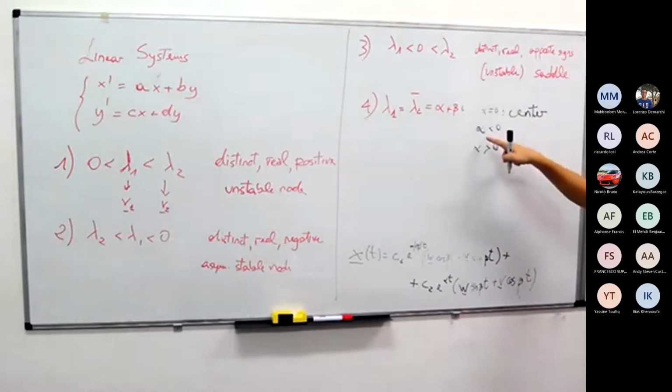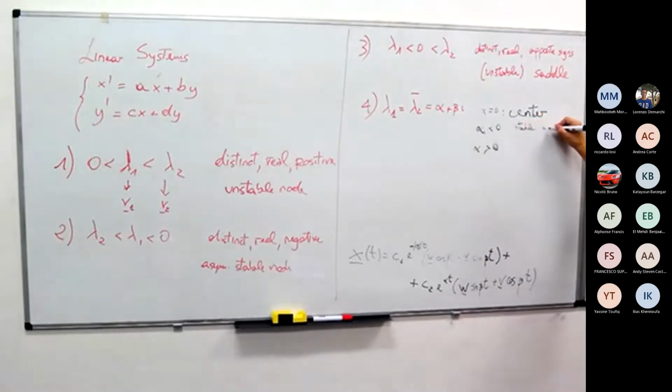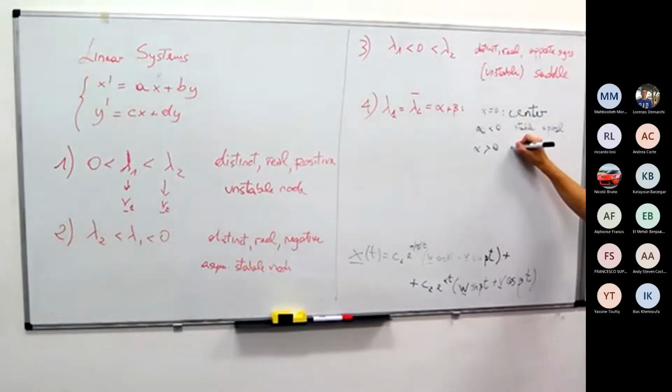So alpha less than 0 will correspond to an asymptotically stable spiral, while alpha larger than 0 will correspond to an unstable spiral. If that allows me to correct.